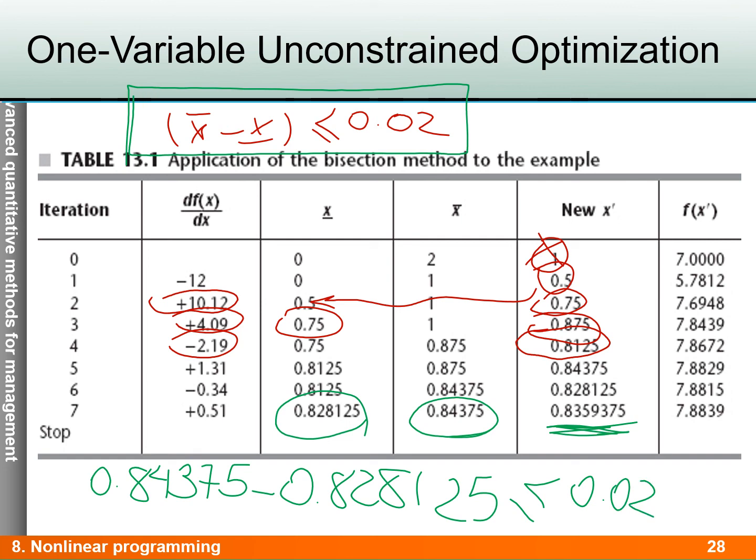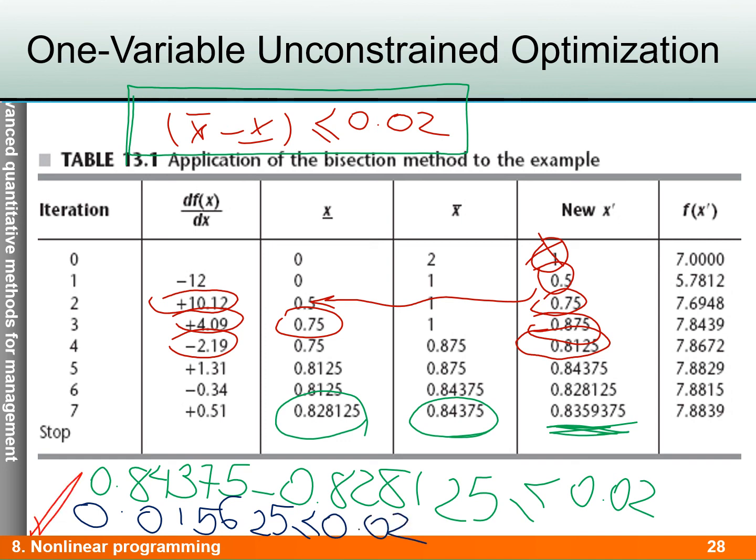Let's check this one. 0.84375 minus 0.828125 gives me the result 0.015625, which is less than or equal to 0.02.